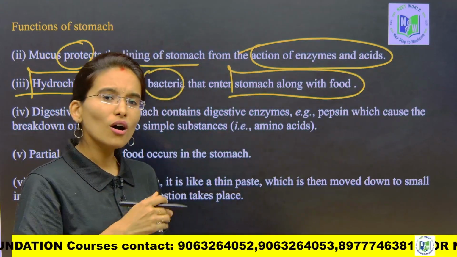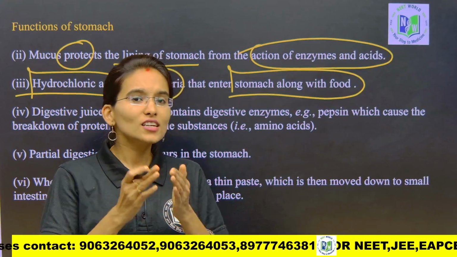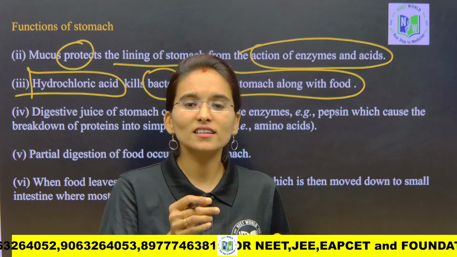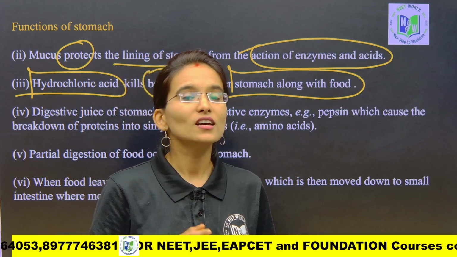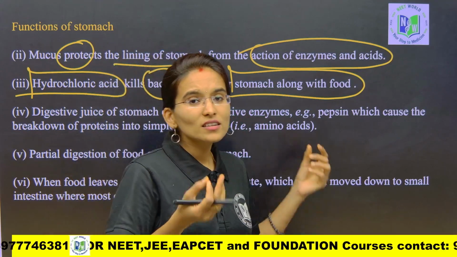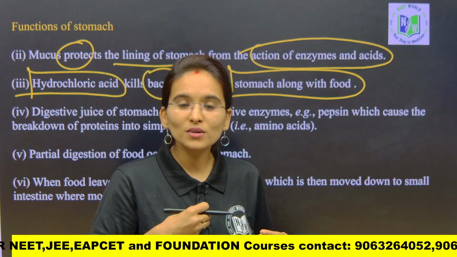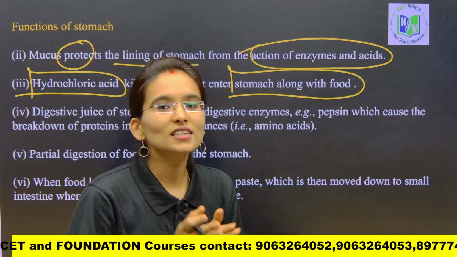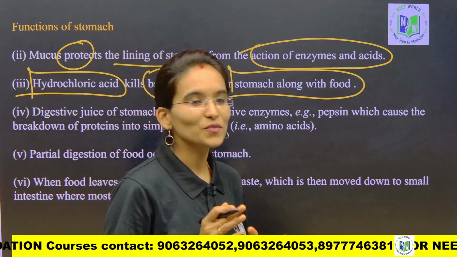We cannot say that each and every food is free of microorganisms. Some tiny bacteria and microorganisms might be present on the food, and when we eat, all the bacteria are killed by the release of hydrochloric acid from the stomach.